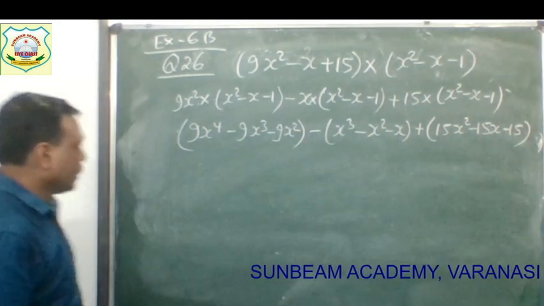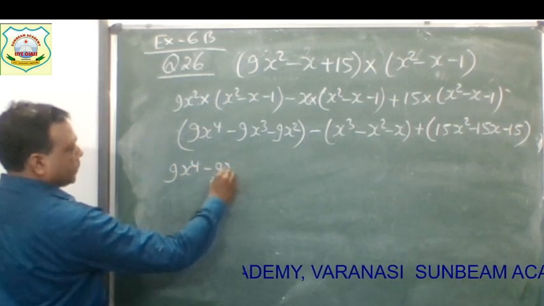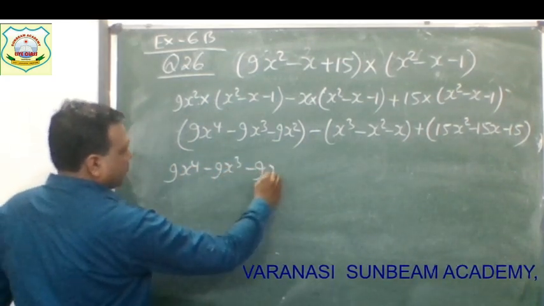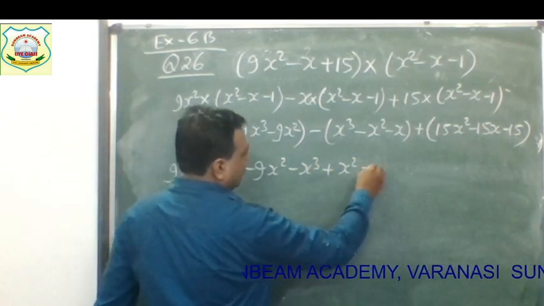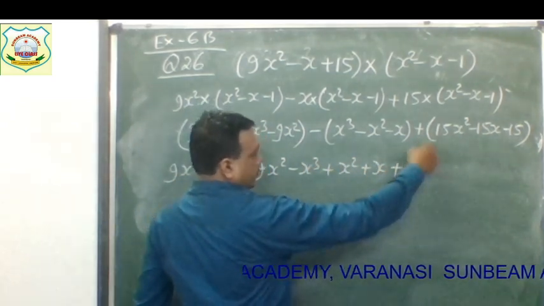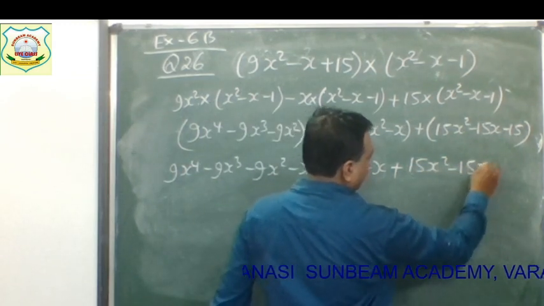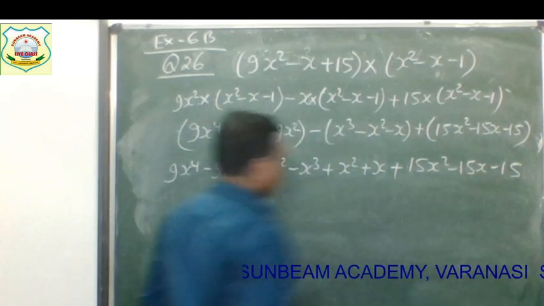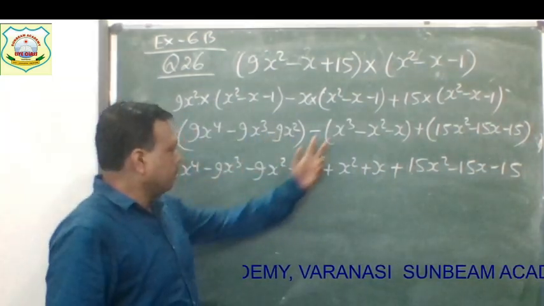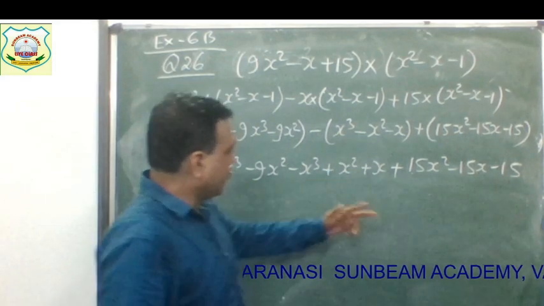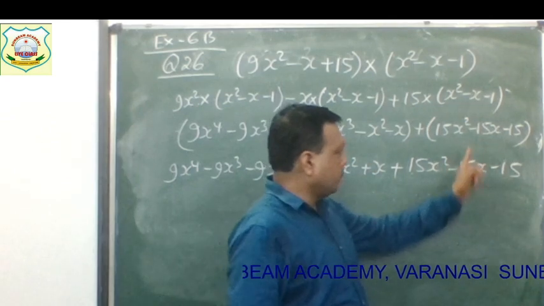Okay students, now open the bracket. 9x power 4 minus 9x cube minus 9x square minus x cube, sign will change, plus x square plus x, plus sign will not change, minus 15x minus 15. We will see there, 9x power 4, 9x cube, minus 9x square, minus x cube, plus x square and plus x, plus 15x square, minus 15x minus 15.